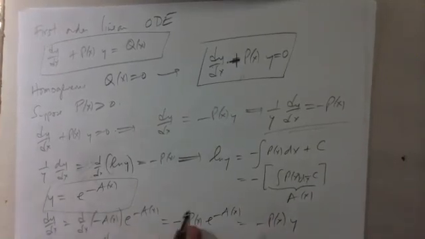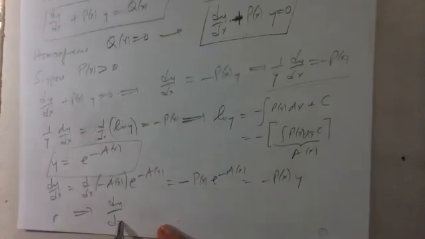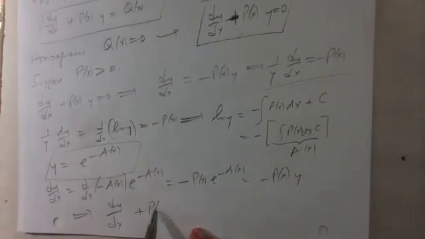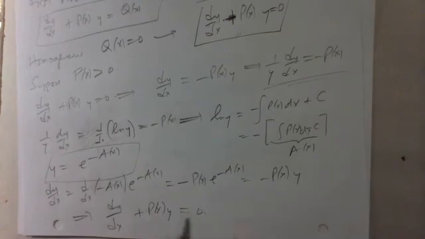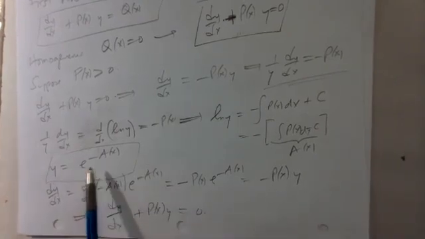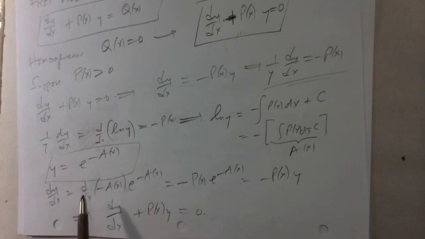So dy dx plus p of x times y is 0. So for every constant c, this is the solution of the differential equation.